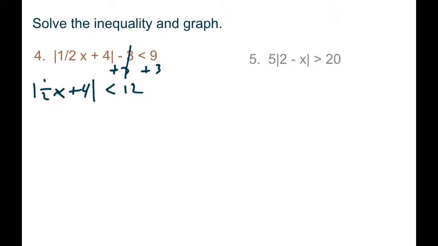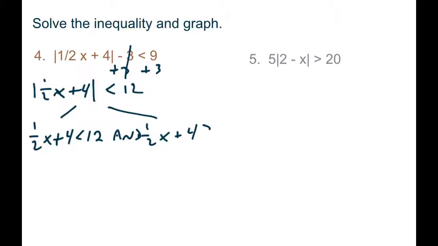Now I can break this up into two parts. We have 1/2 x plus 4 is less than 12. I'm going to use the word and here because of a less than. Less than is and. Then 1/2 x plus 4, I'll change the symbol to greater than, and I'll make it a negative 12.